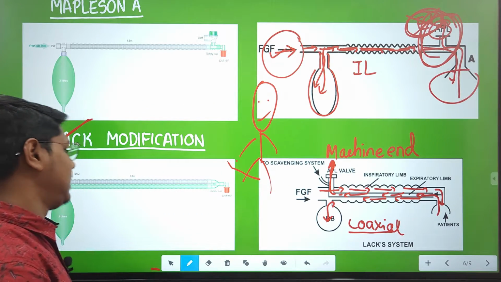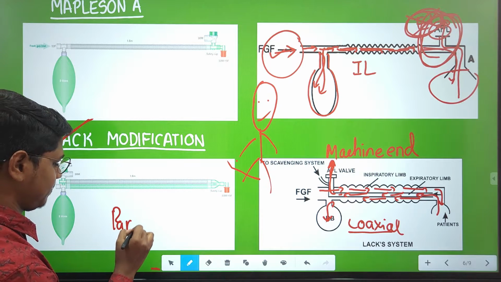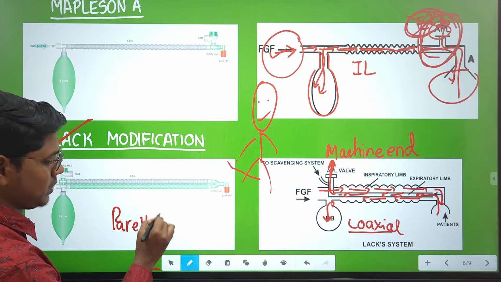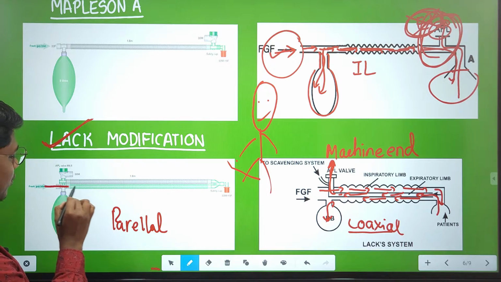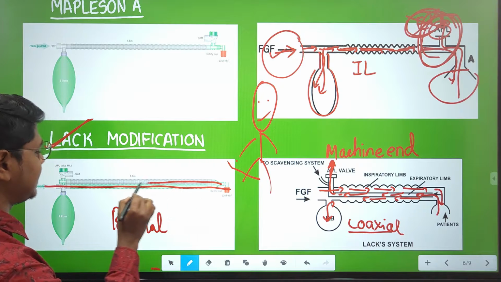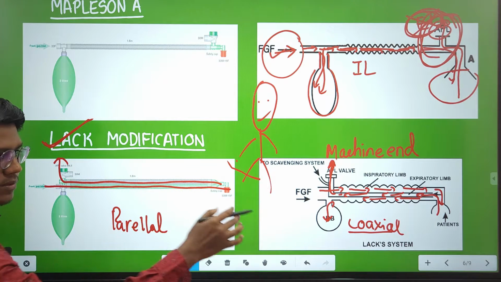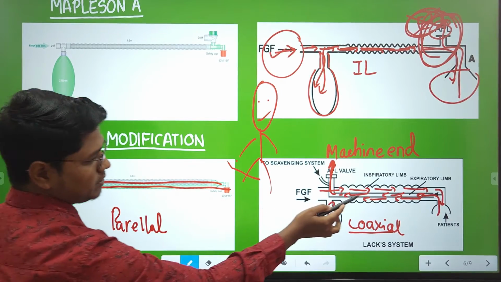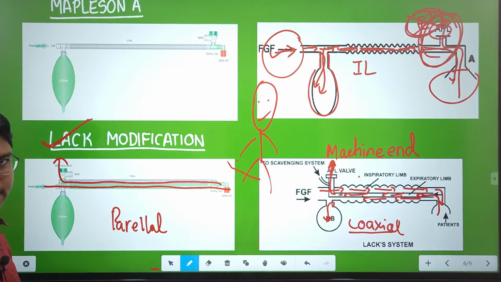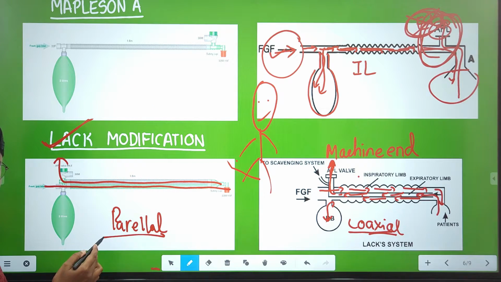Understood? Here see, this is a parallel setup. Here through which the gas will go towards the patient, and when the patient exhales, it will come out through this one. Simply in this setup, the tube is outside. This is coaxial configuration and this is parallel configuration.